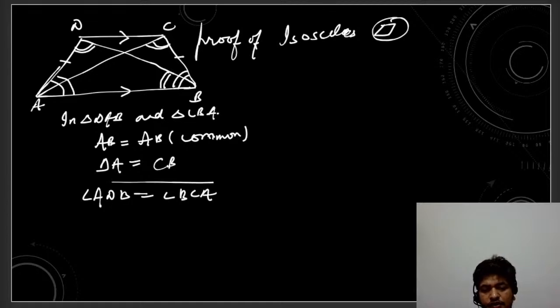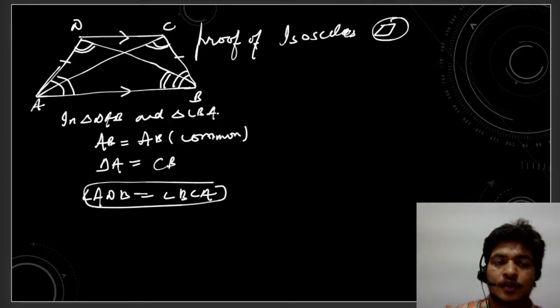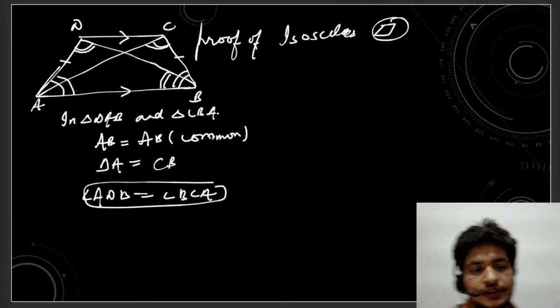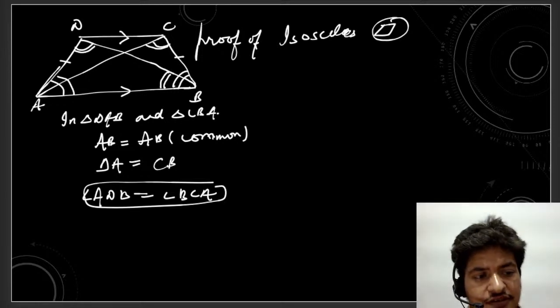These two angles are equal, which means that these two triangles are congruent, and we can say that angle DAB is equal to angle CBA. So these all are things that we have to prove in this total class.